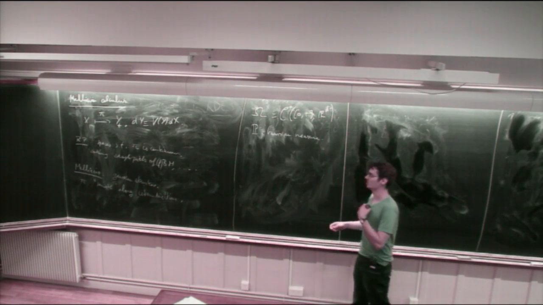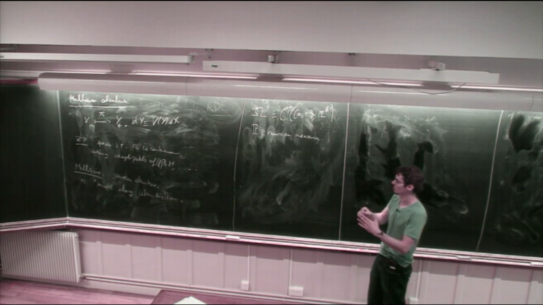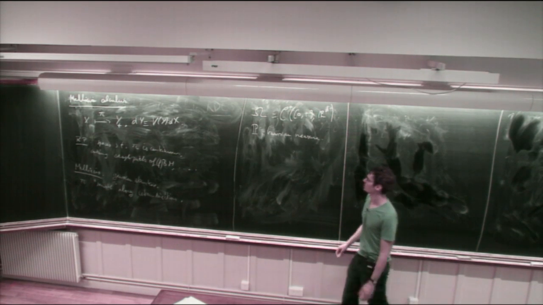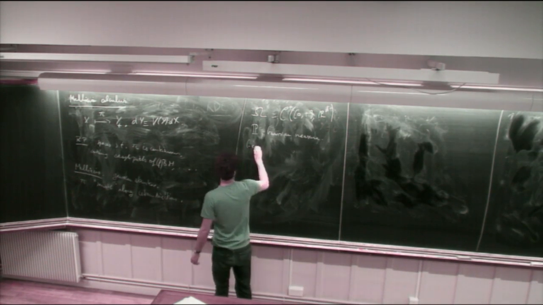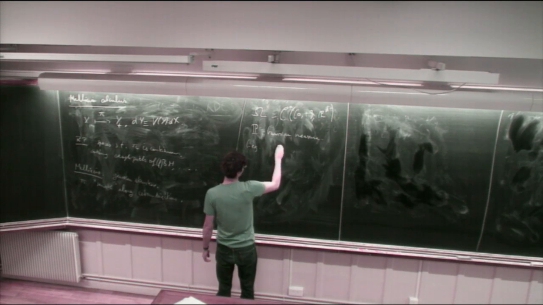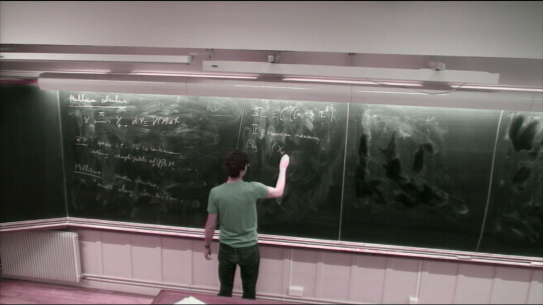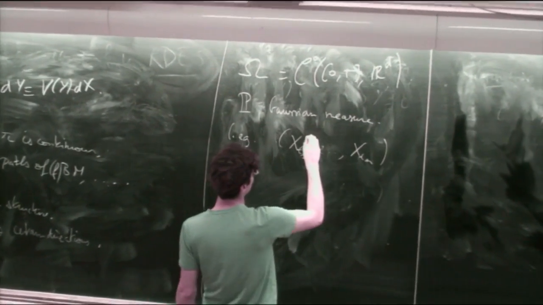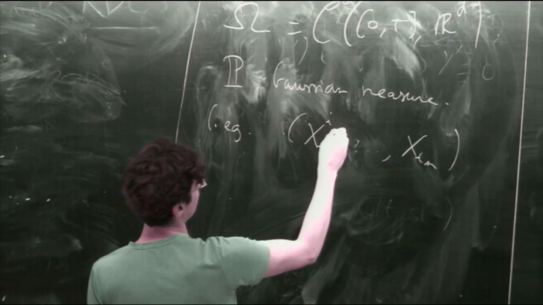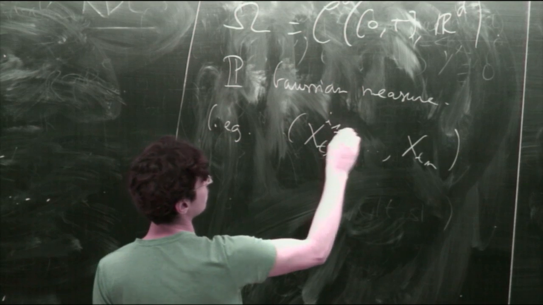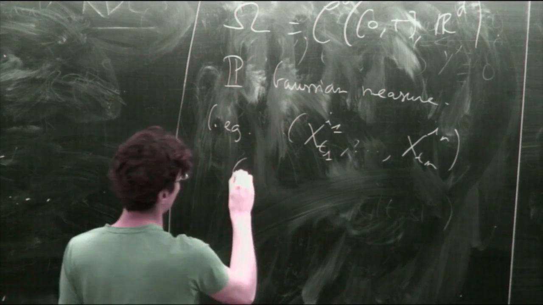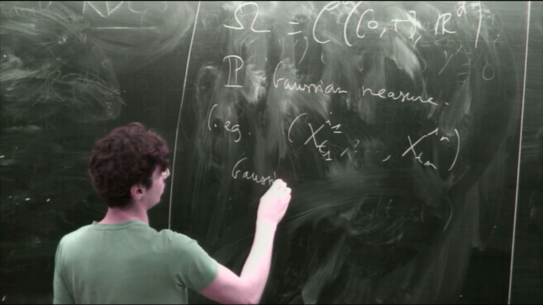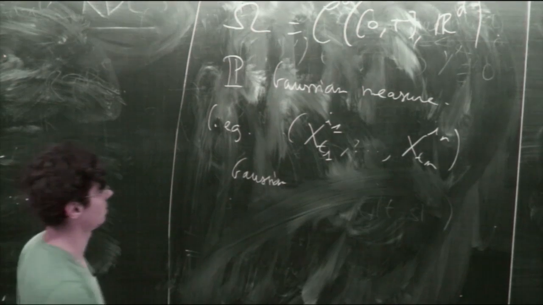By Gaussian measure, I mean that if you take any finite number of coordinates, say any finite number of times t_1 to t_n, and look at their coordinates, this is a Gaussian random vector. So it has a Gaussian law in R^n.